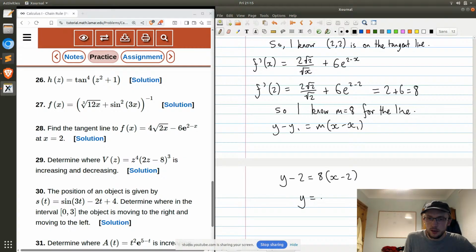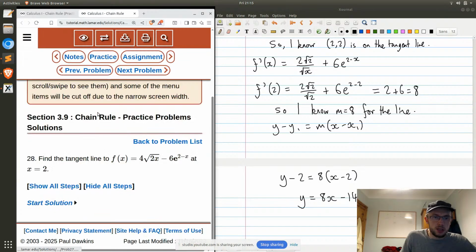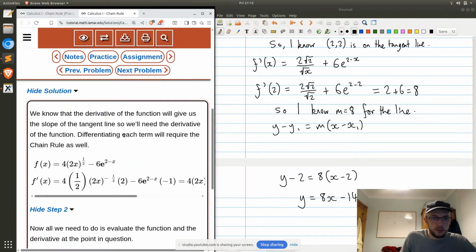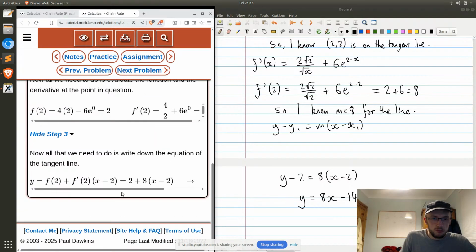So y equals 8x minus 16 plus 2, minus 14. Right, now to check. Okay, great. That's correct.